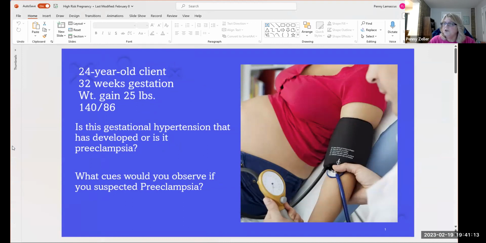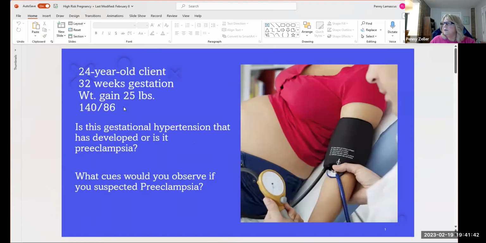What cues would you need to observe to verify that it was preeclampsia? The blood pressure. Yeah, that's the number one identifier, high blood pressure. So she does have a little high blood pressure, doesn't she? The 140 is kind of just touching it. Okay.